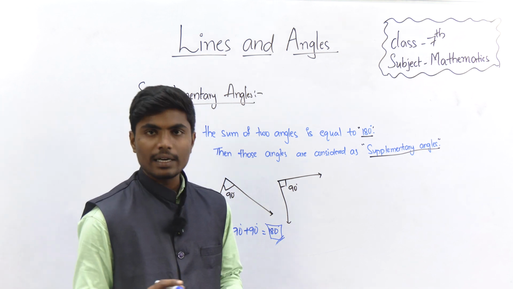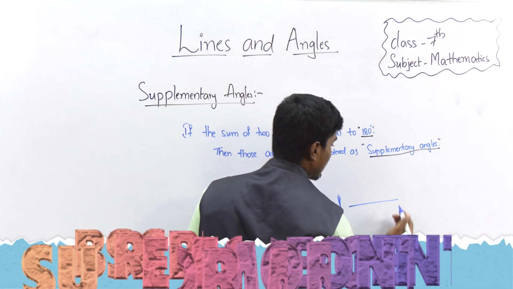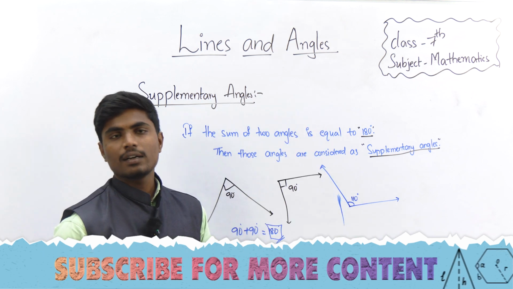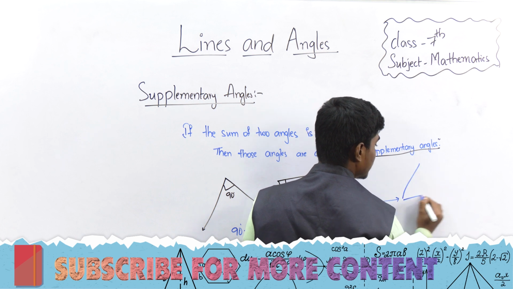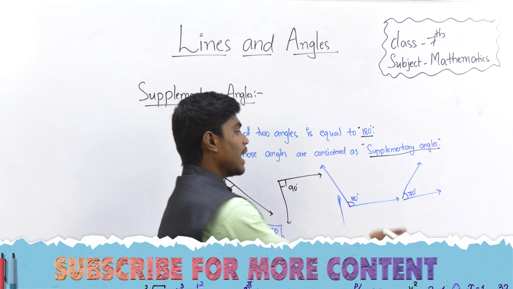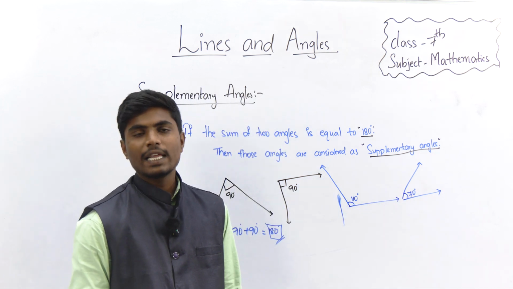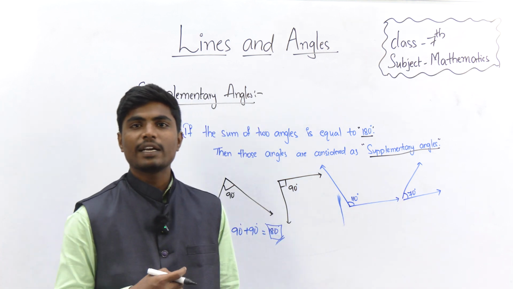Let's take another example. One angle is 110 degrees and the other angle is 70 degrees. Let's find whether these angles are supplementary or not.